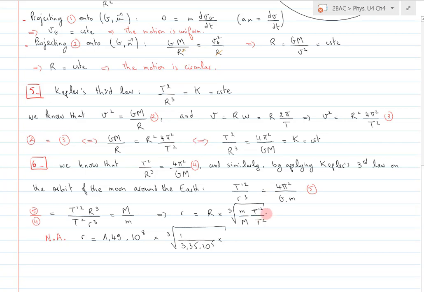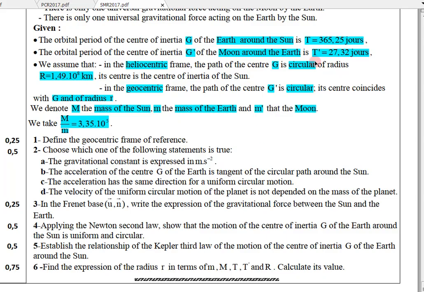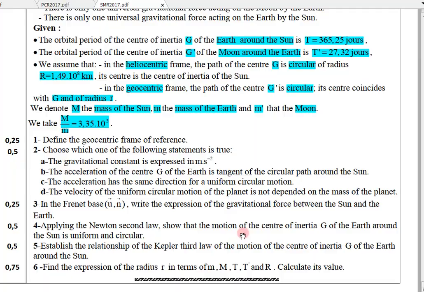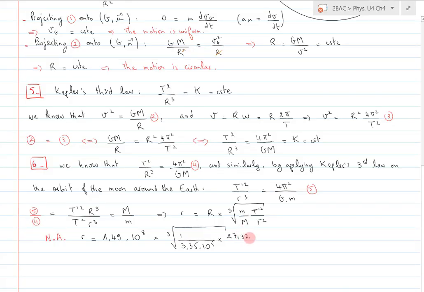I forgot the square here. T prime is 27.32 square over 365.25 also square.